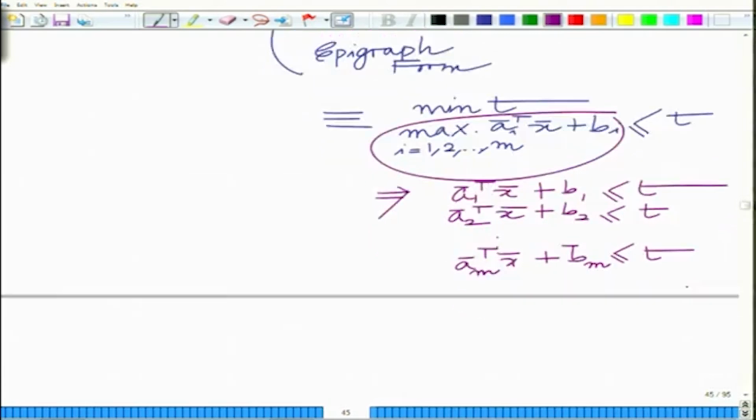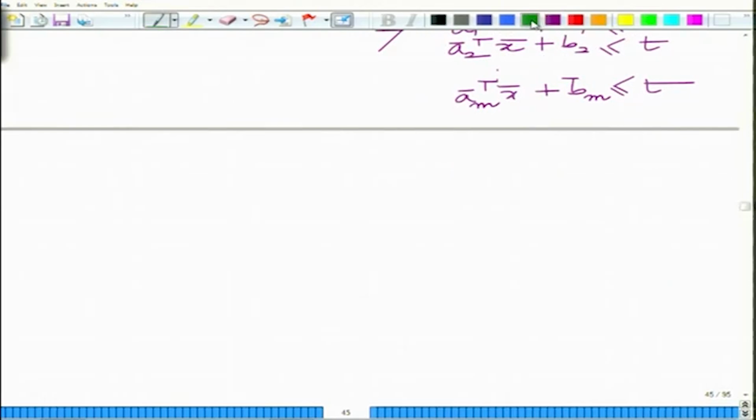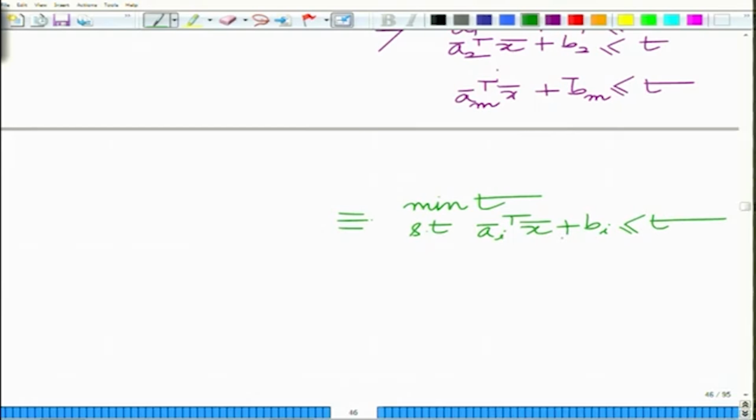So, I can write this as the equivalent optimization problem: minimize t subject to the constraint that ai bar transpose x bar plus bi is less than or equal to t for i equals 1 up to m. This is a much simpler form and this is something that is tractable.